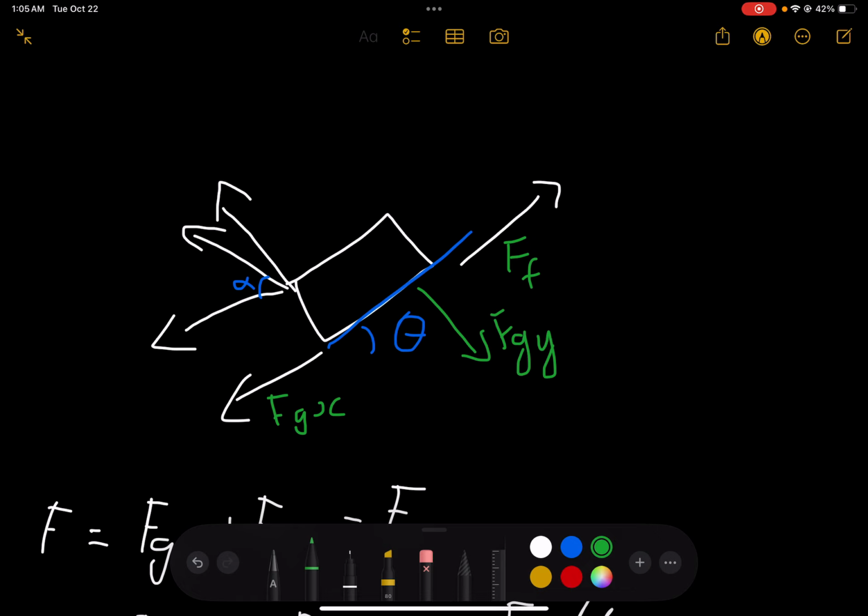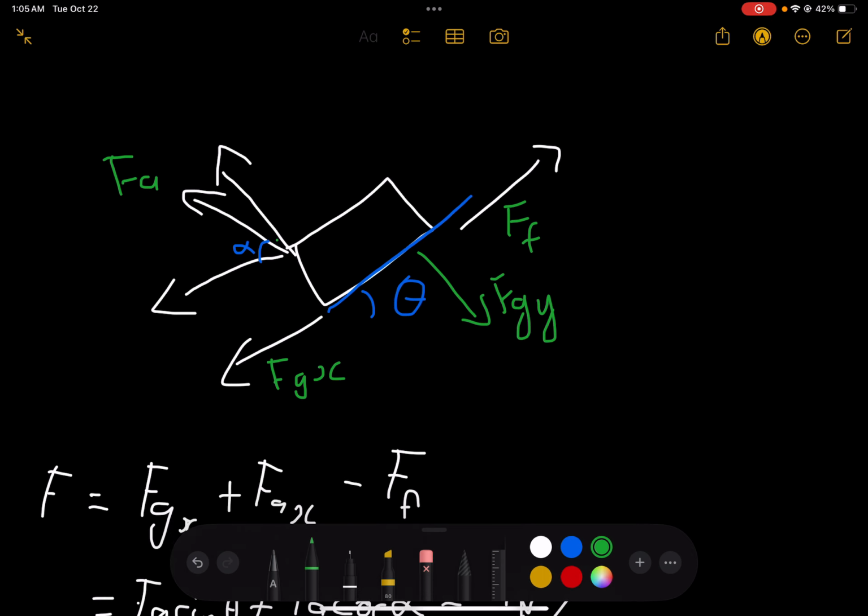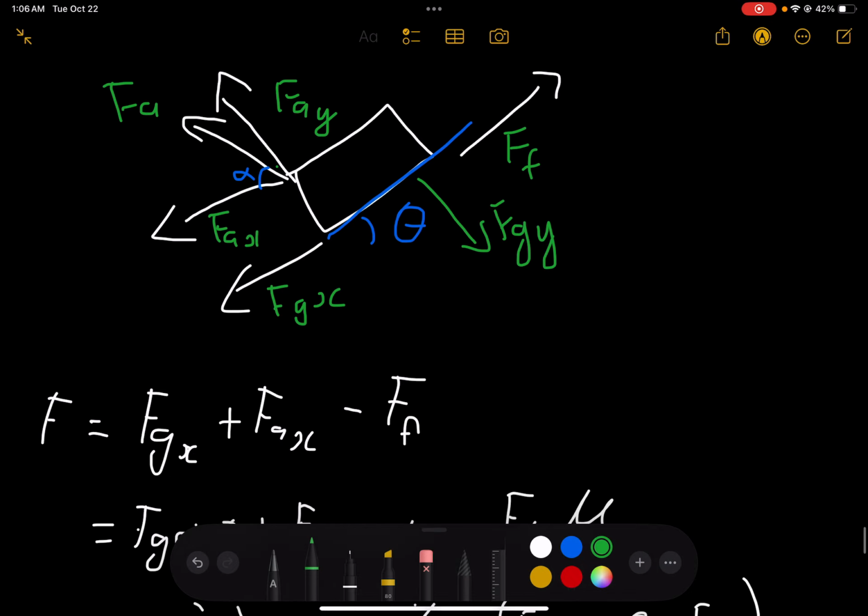Then this would be the applied force, okay? Fa, I'll just write it as Fa, I'm not gonna write applied. So here we have Fax, and here we have Fay, okay?